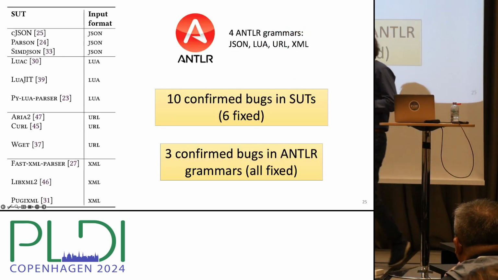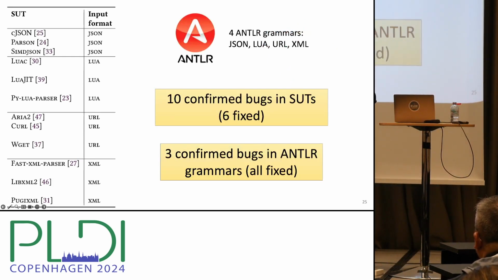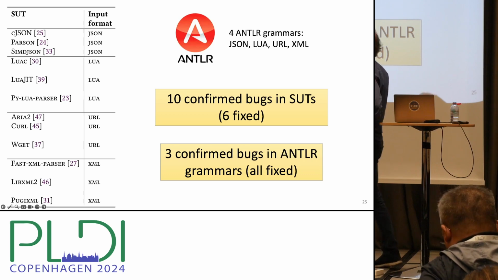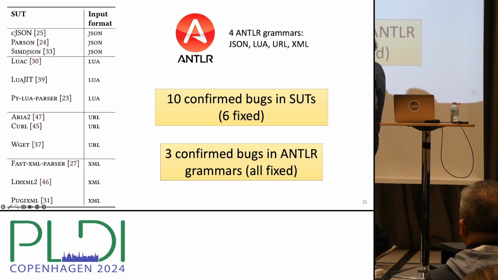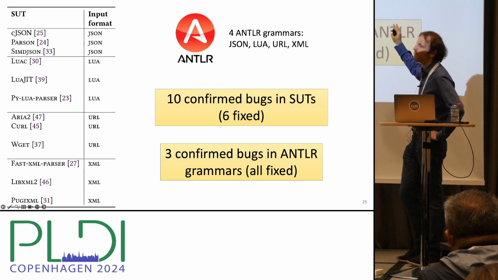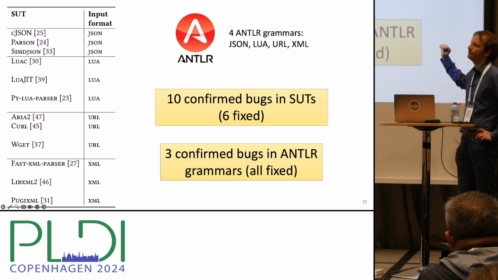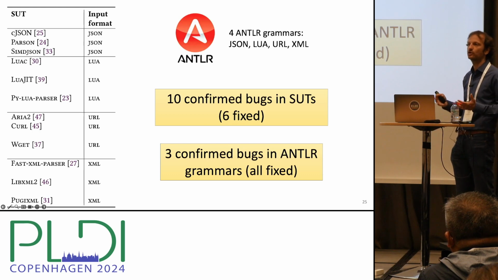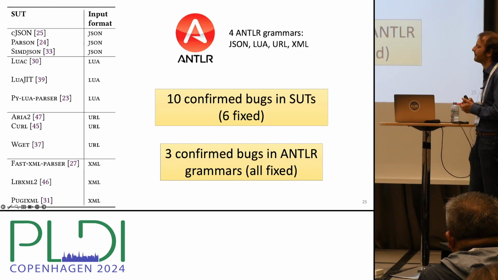So we implemented this into a system that we call Gmutator. We tried it for grammars for JSON, for Lua, for URL, and for XML, and for various SUTs for these languages. And we did find 10 bugs that were confirmed, 6 already fixed, which are out of reach of regular grammar-based fuzzing.